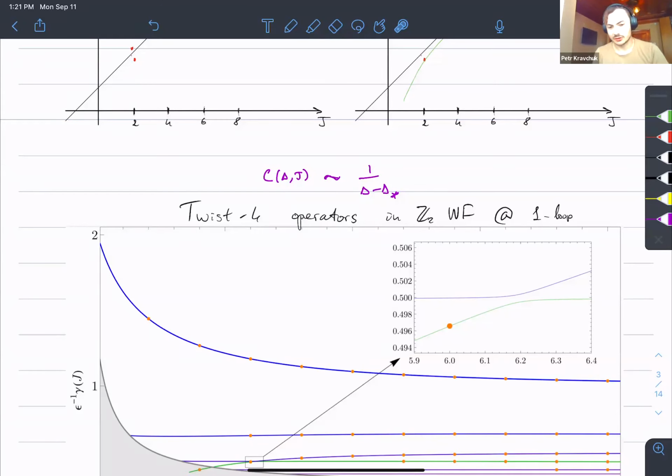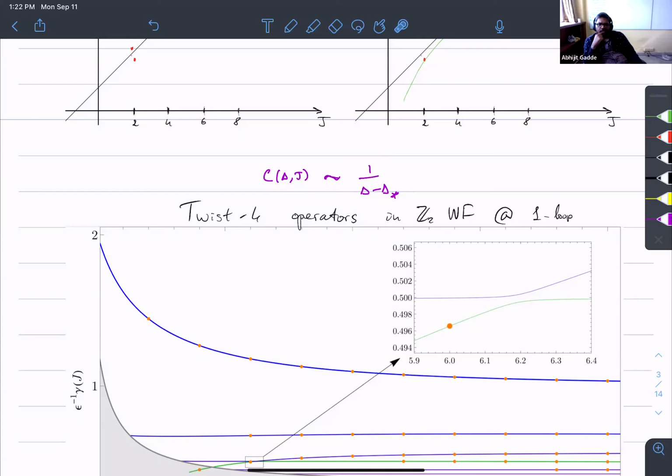Then you can renormalize them, turn on perturbations, find divergences, subtract them, compute anomalous dimensions, and this will give you these curves. I see. So in perturbation theory you can see that it is meromorphic, but I don't know how to prove it in a non-perturbative theory.